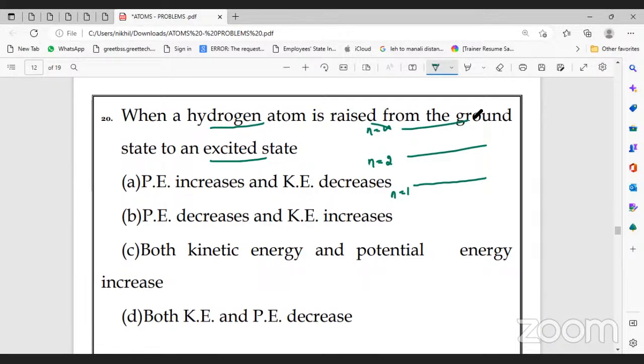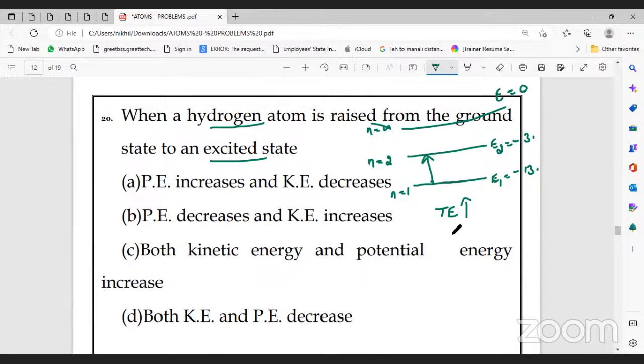What is the energy in the infinity orbit? Energy in the infinity orbit is 0. What is the energy in the first orbit? Minus 13 point something electron volt. Energy in the second orbit is minus 3 point something electron volt. So as the orbit number increases, going from the ground state to the higher state, the total energy has increased.